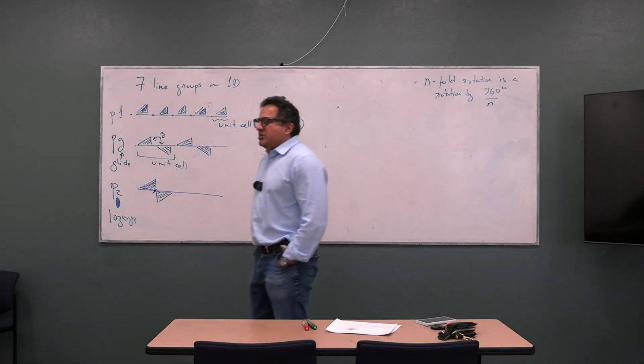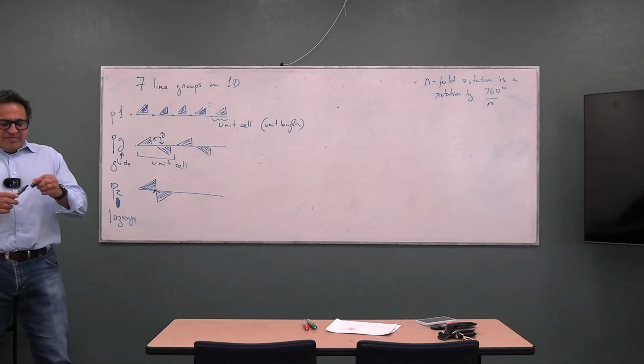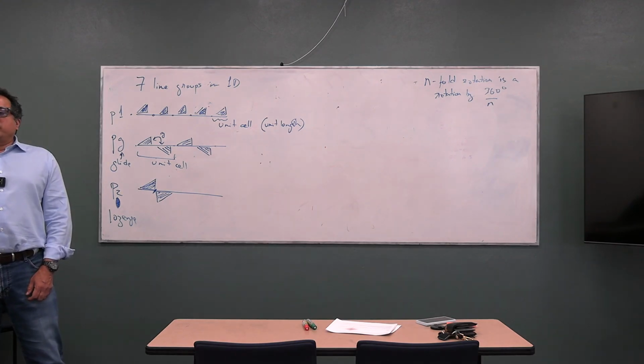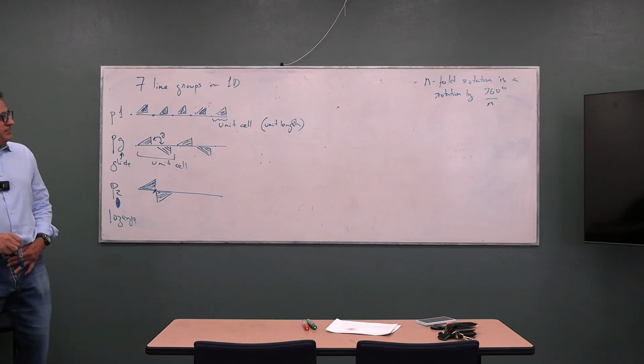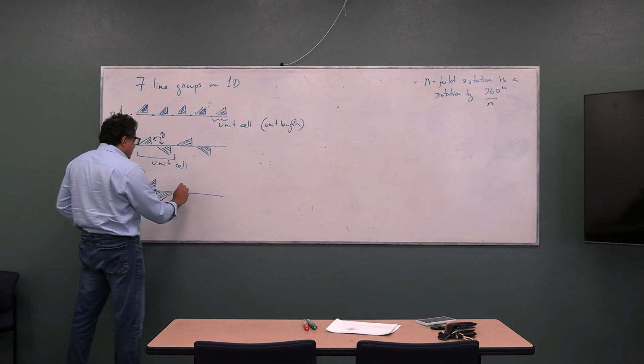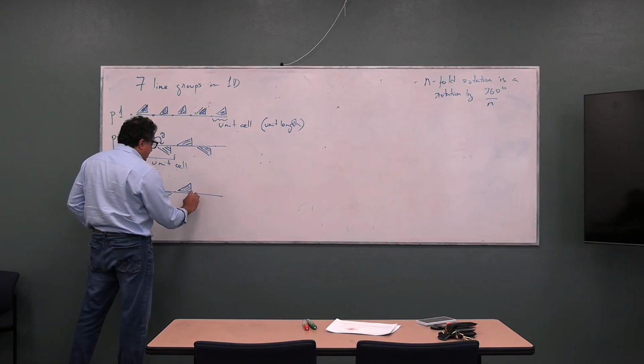So a 2-fold rotation is a rotation by 180 degrees. If I have an object like this, the 2-fold rotation makes it like this. Right? So P2, this is within one unit cell. In the next unit cell, you'll see.